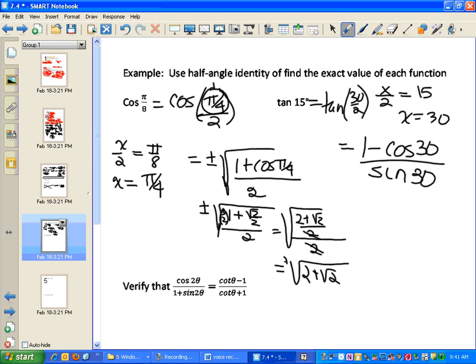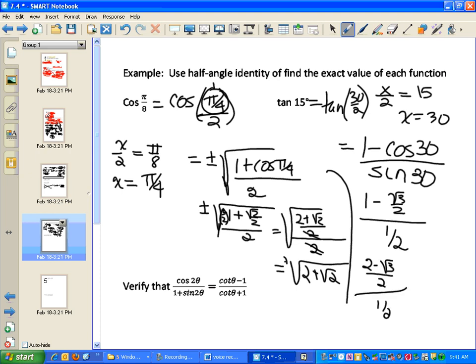So what's the cosine of an angle of 30? Square root of 3 over 2. Boo hiss for whoever said 1/2. What's the sine of 30? That's the 1/2. Okay, so that's 2 minus root 3 over 2 all over 1/2.